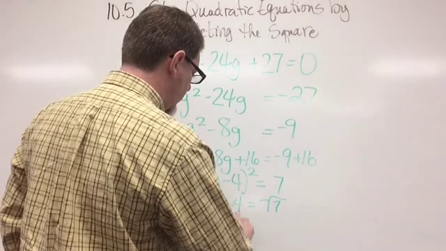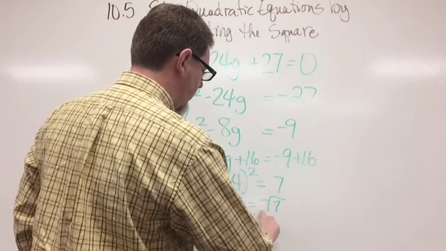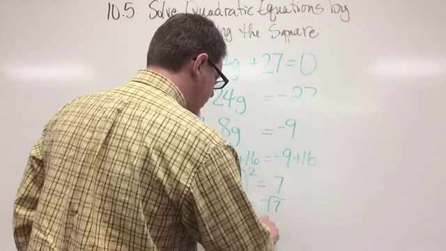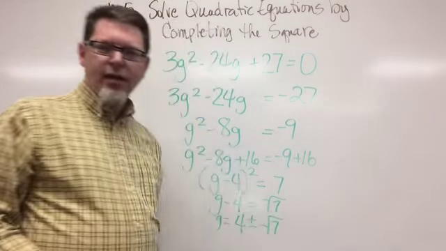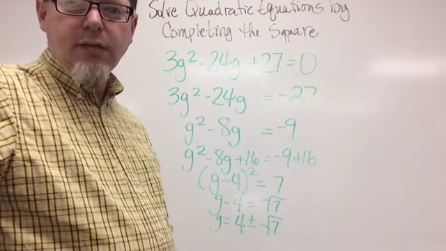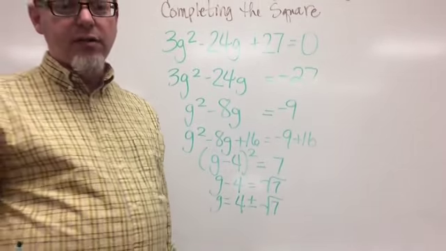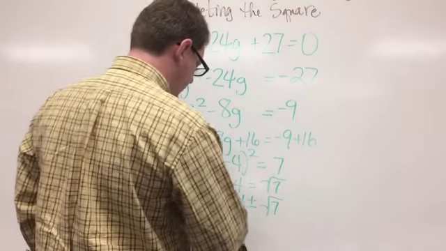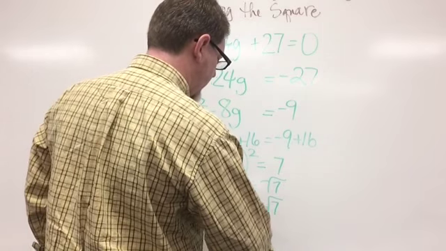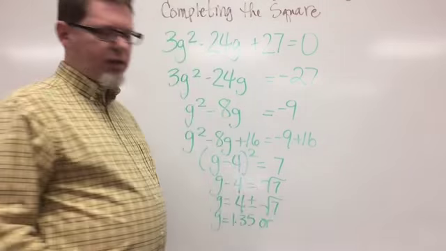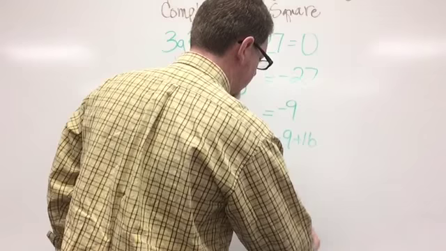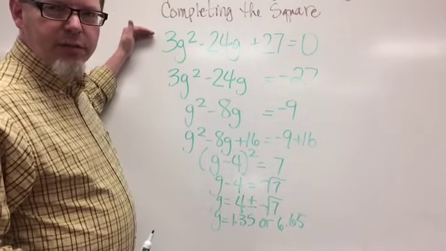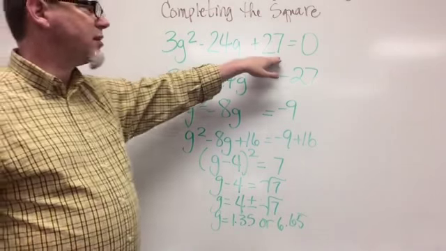So G equals 4 plus or minus the square root of 7, and I'm going to use my handy dandy calculator. 4 plus the square root of 7 and 4 minus the square root of 7, and I get G equals 1.35, or G equals 6.65.